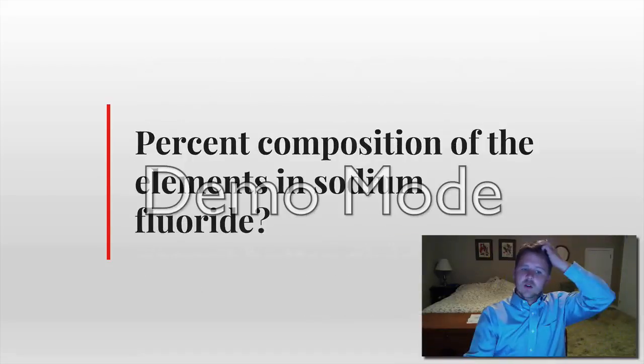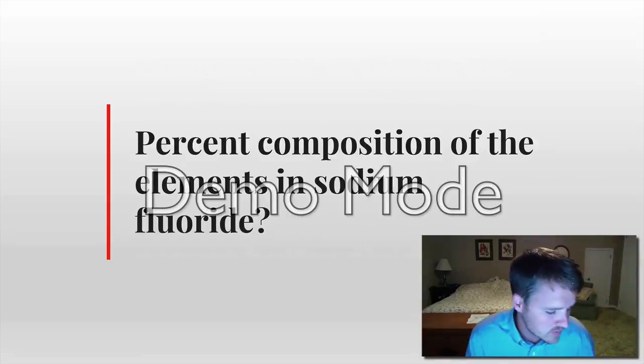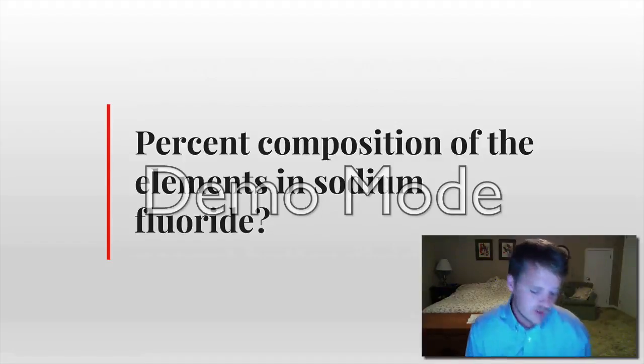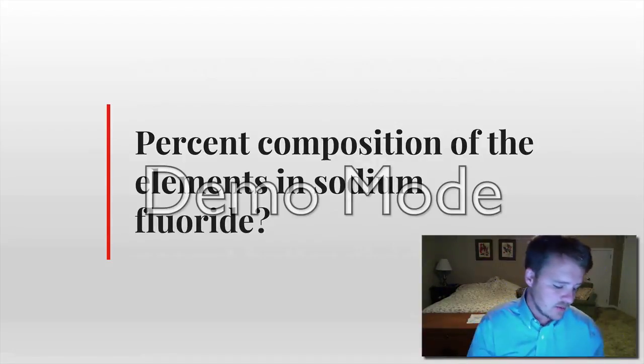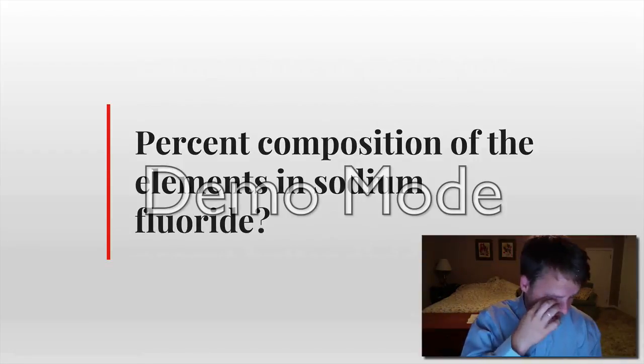So, sodium fluoride. What is the percent weight of that? You can see this on page 257. It goes over it all. Very good problem. Sodium weighs 23 units and fluoride weighs 19 units.